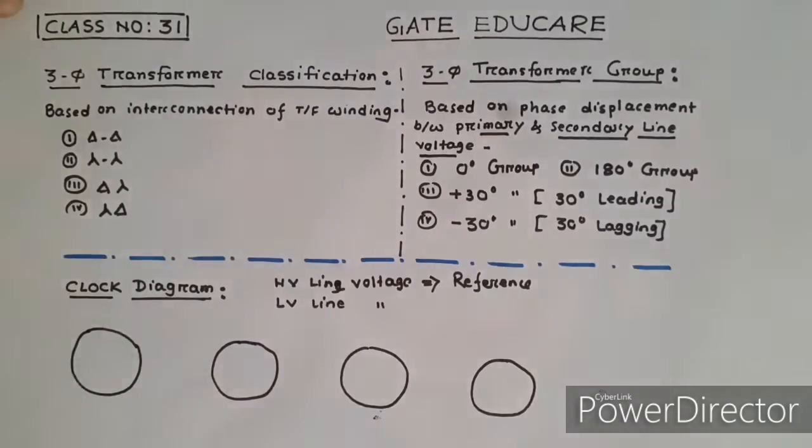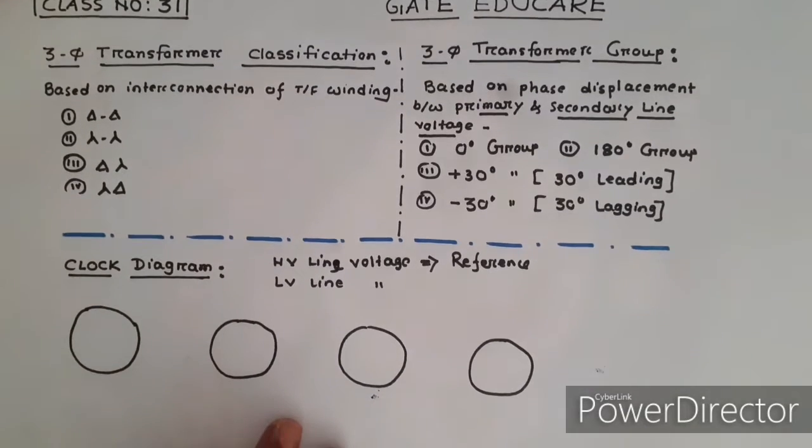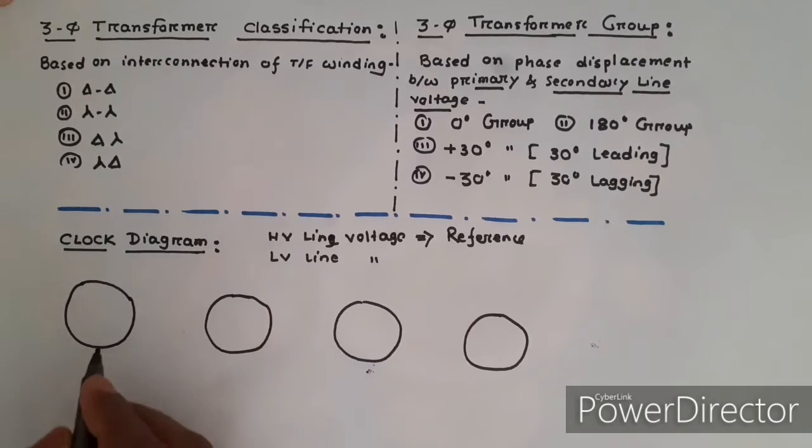We will observe it. Suppose in this clock diagram, we will explain 0 degree group.